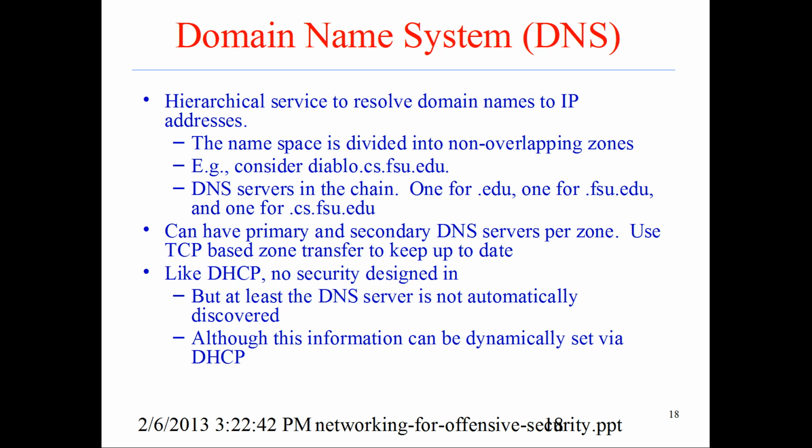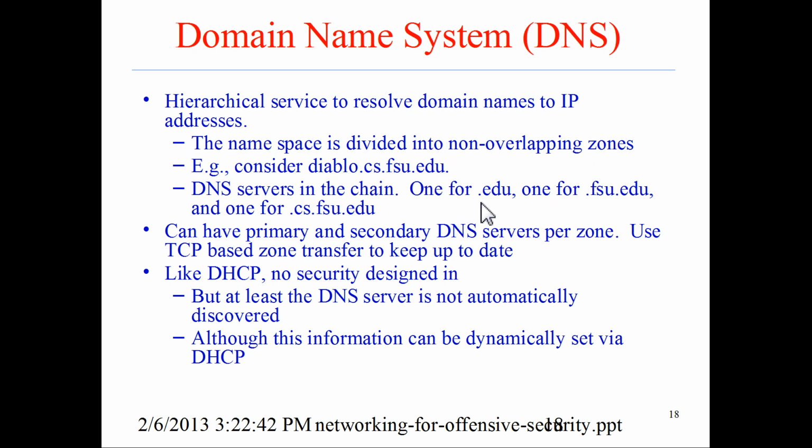So for domain.cs.fsu.edu, there are going to be various DNS servers. The uppermost one is going to be .edu, which is the URL suffix, and whatever comes after this is usually in the form of a slash and then some specific resource that is requested from the given server.